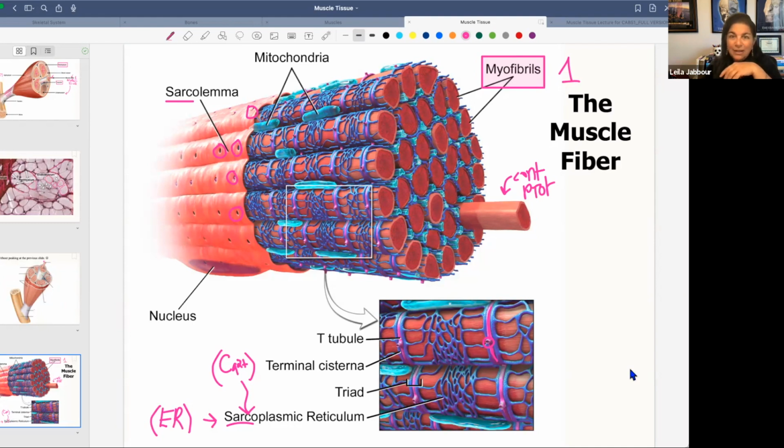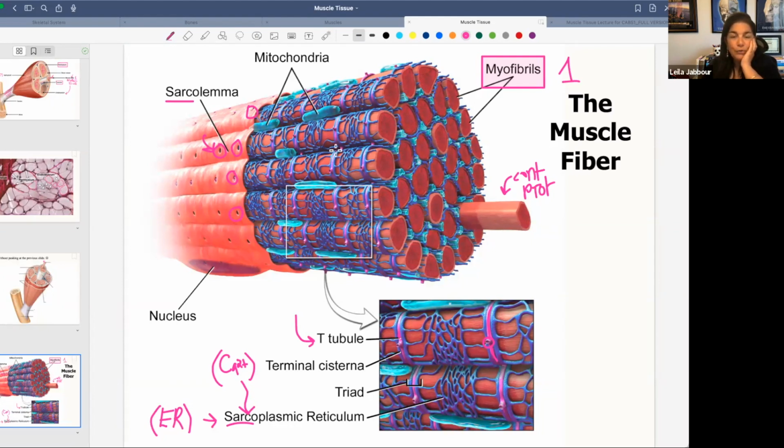It's kind of like a network from the plasma membrane coming down, and it creates this network underneath the membrane. So these holes go down the T tubule in here. And we're going to see what the role of these T tubules is in contraction.